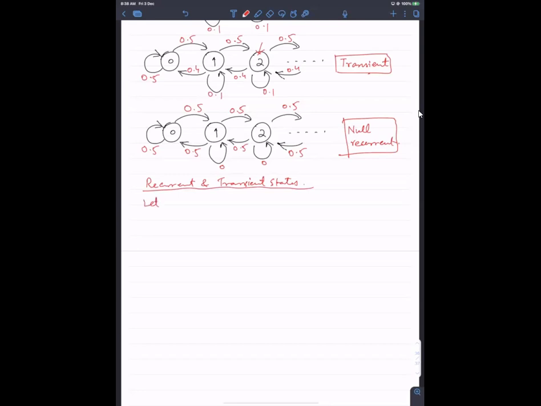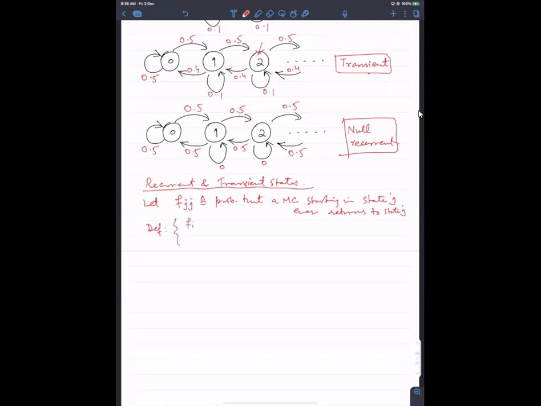So let Fjj be defined as the probability that a Markov chain starting in state J ever returns to state J. कभी दोबारा वापस आएगी वो state J में. ठीक है? So definition.